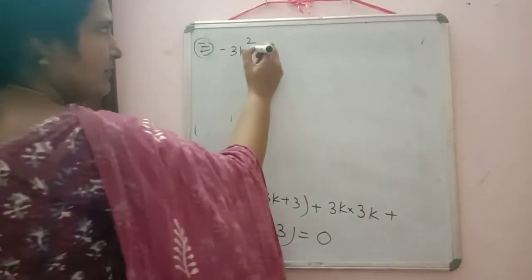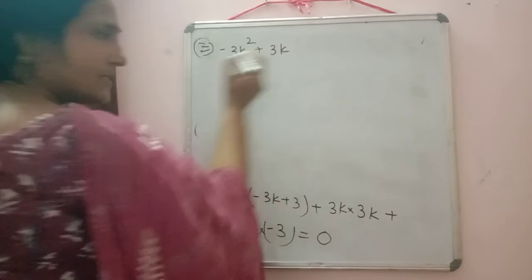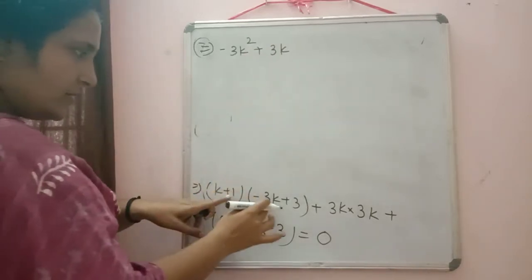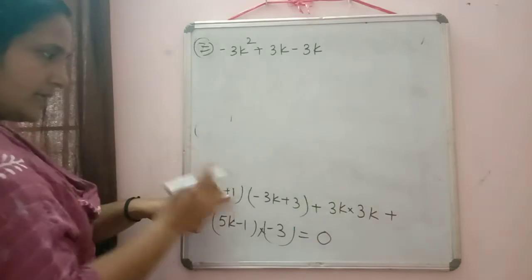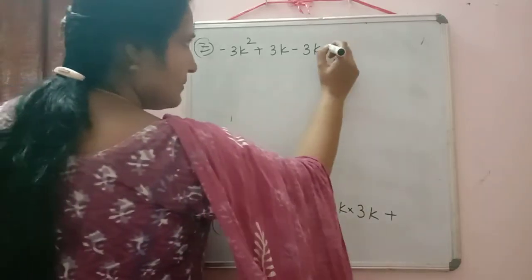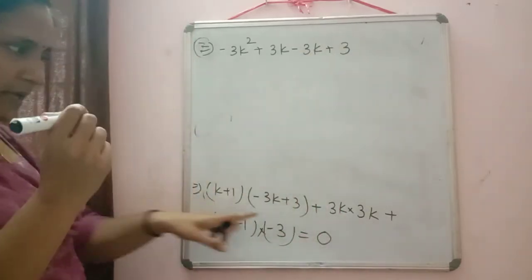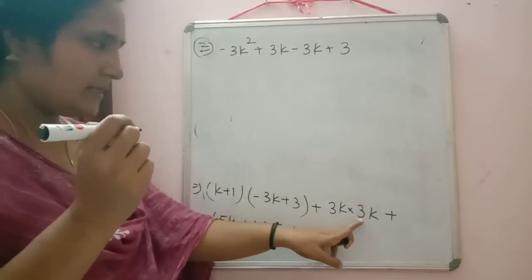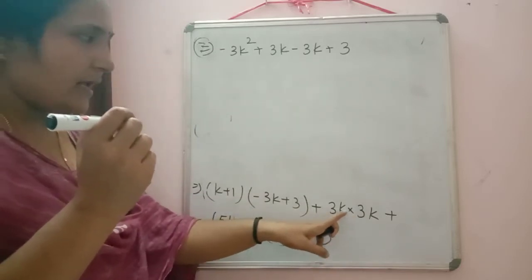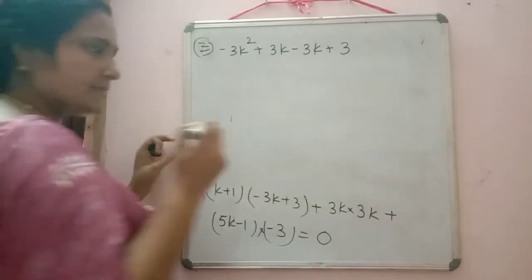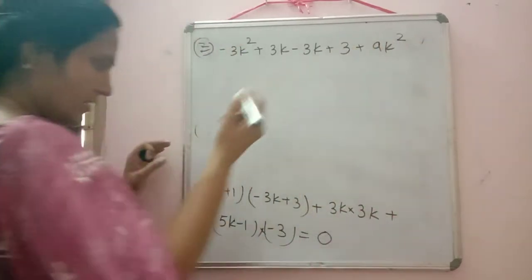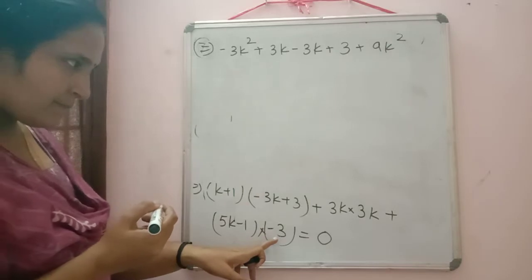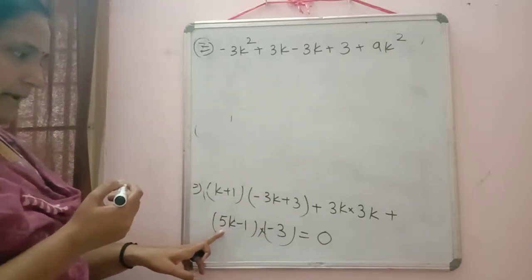K into 3 will be equal to plus 3K. 1 into minus 3K will be equal to minus 3K. 1 into 3 will be equal to plus 3. Here 3K into 3K: 3 into 3, 9, K into K will be K square. So we are getting here 9K square. Then here the minus sign is there. Minus 3 into minus 5K.